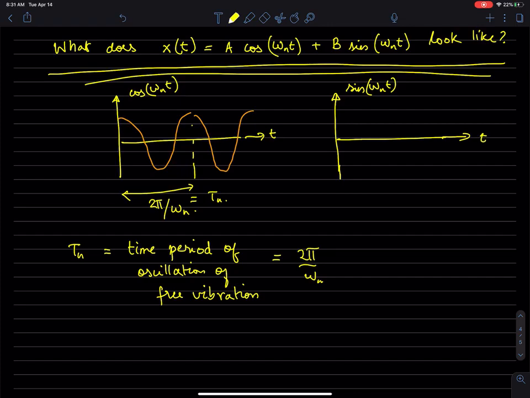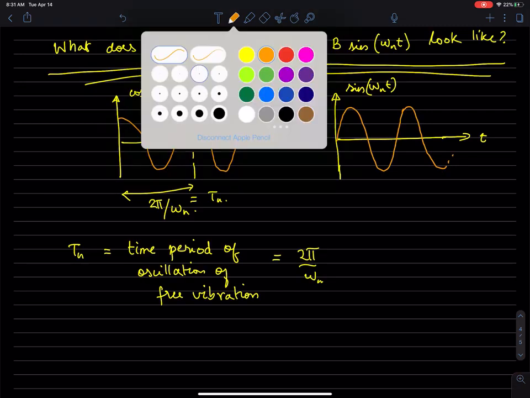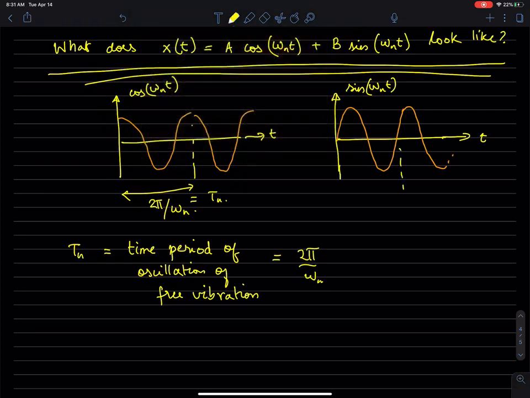It's going to look essentially the same, except shifted over. And so on and so forth. And again, one period of oscillation, in other words one full cycle of oscillation, is this thing. That's again Tn equals 2 pi divided by omega n.